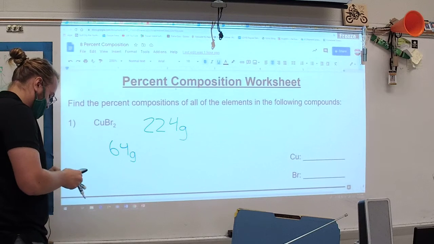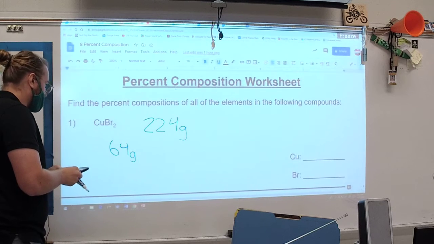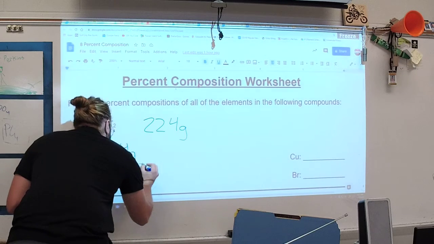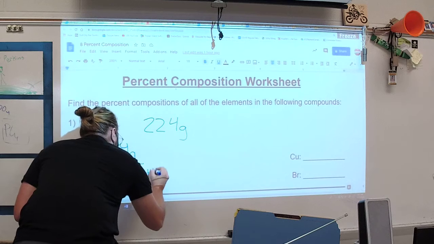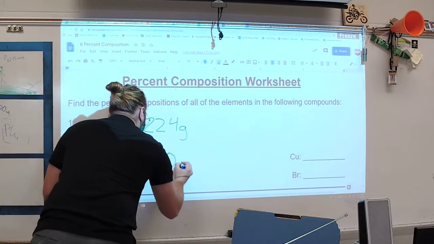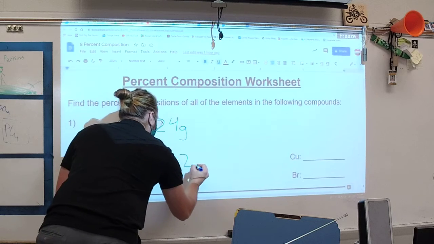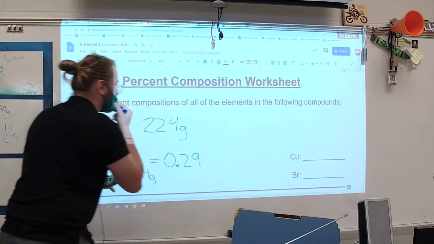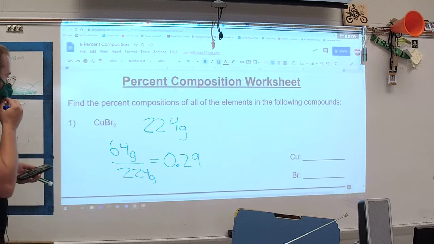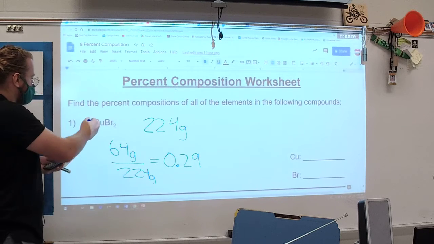Very good. 64 divided by 224 grams is going to give us 0.29. That's rounded. There you go. That is the percentage of the weight that is copper in this copper bromide.